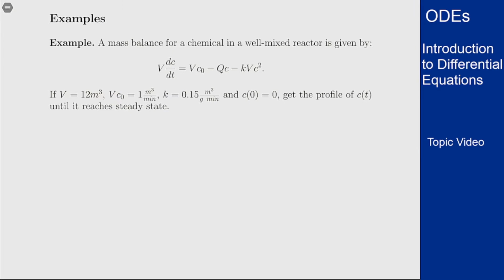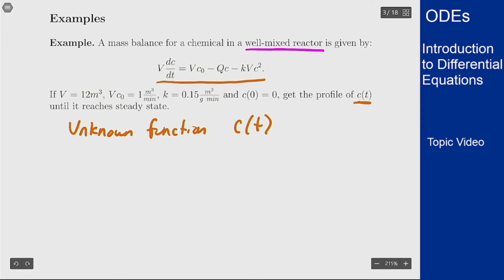So here's one example. It is a mass balance for a chemical in a well-mixed reactor. As of now, we can assume this equation works the way it does. In engineering classes, you would look at why this equation is this way and how we know that this physical system, this well-mixed reactor, gives rise to that equation, but that's not the point for this class. What we see here is we now have an equation for an unknown function c of t. The goal here will be to find c of t from this information.